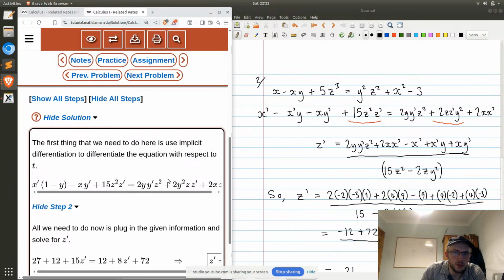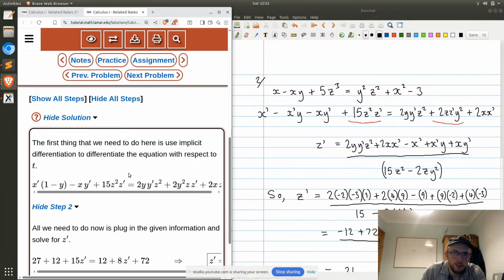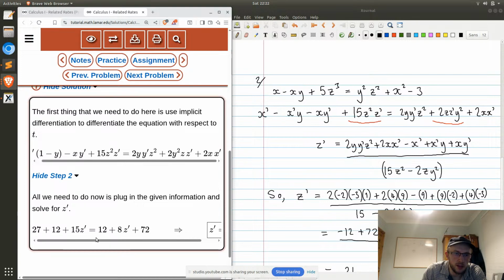Luckily, I have all my steps. Okay, we agree about that. And that. And that. And that. Okay. Total agreement at that point right there.